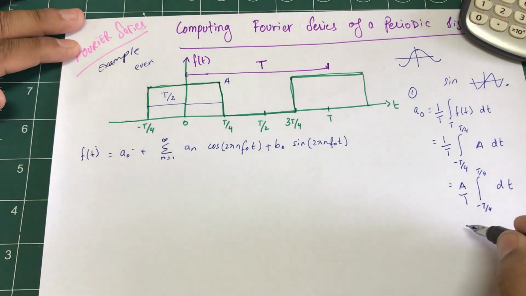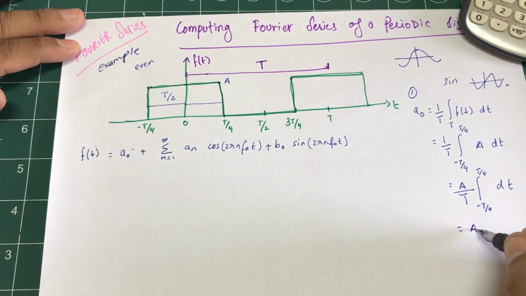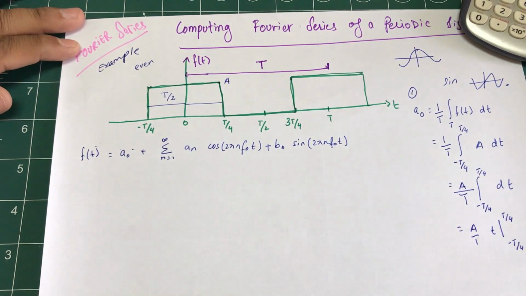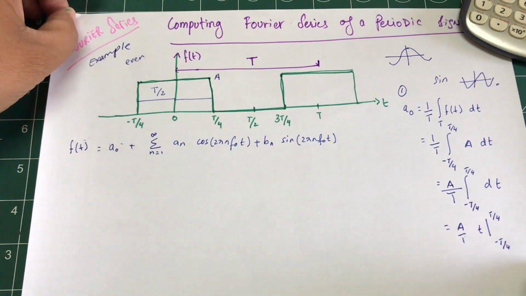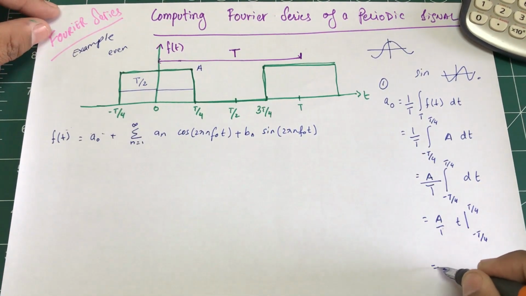It is simply t, where I'm taking the limit from negative T over 4 to T over 4. I hope you guys are seeing this. We're going step by step. So this is just going to be A over T.